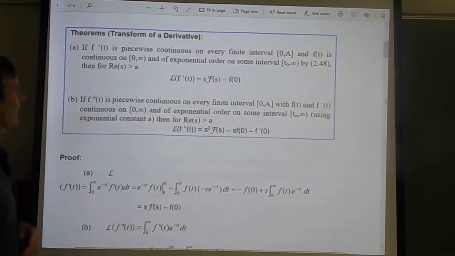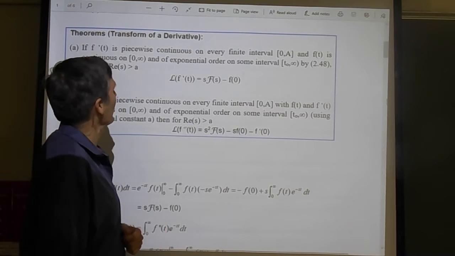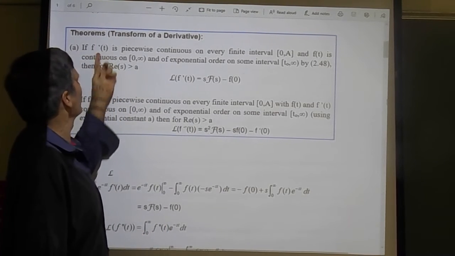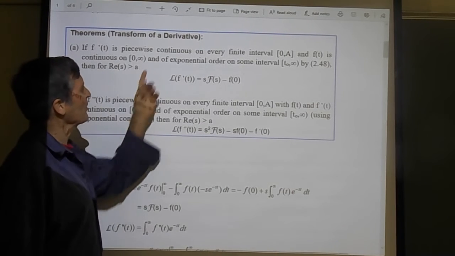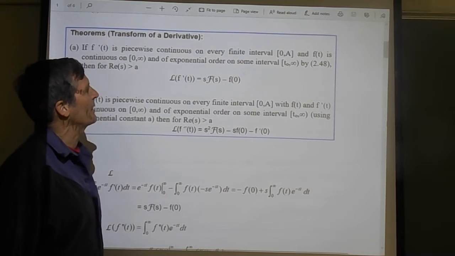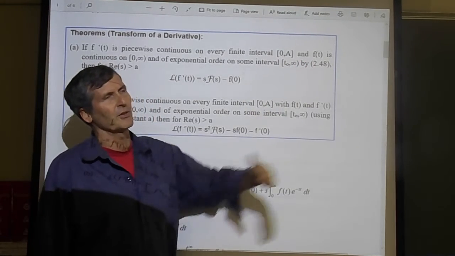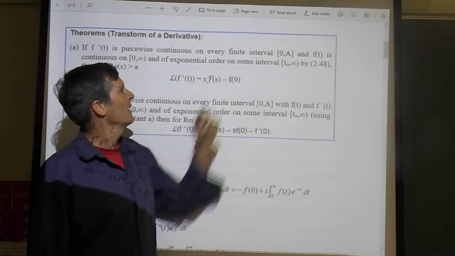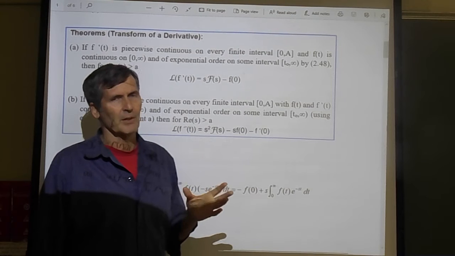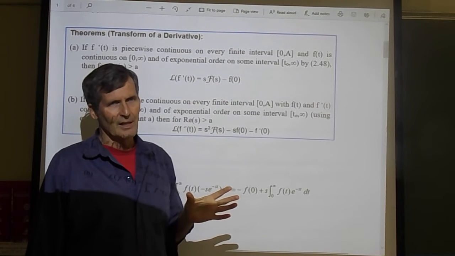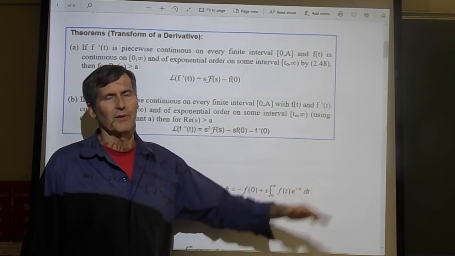So here's how we take the Laplace transform of a differential equation. It comes out of this theorem. If f prime, a function of t, is piecewise continuous on every finite interval from 0 to a, remember, these functions are only defined on 0 to infinity, and piecewise continuous means you have at most a finite number of discontinuities, in between which the function is continuous.